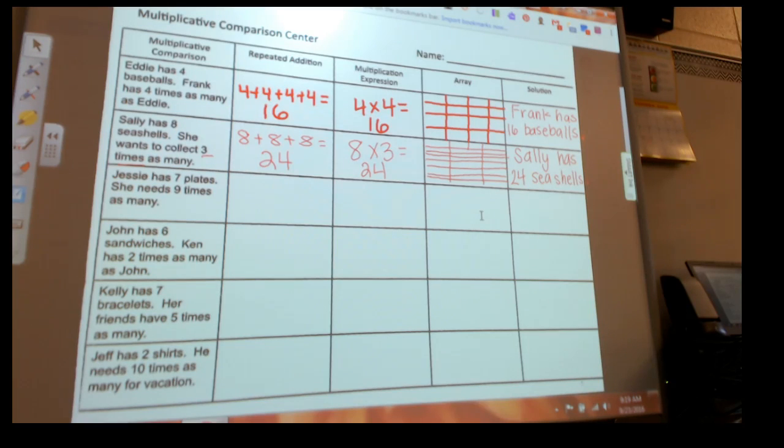Here's my group of 7, right? I need 9 of those, don't I? I've got to make 9 of those. Can I do that? How many are in each group?